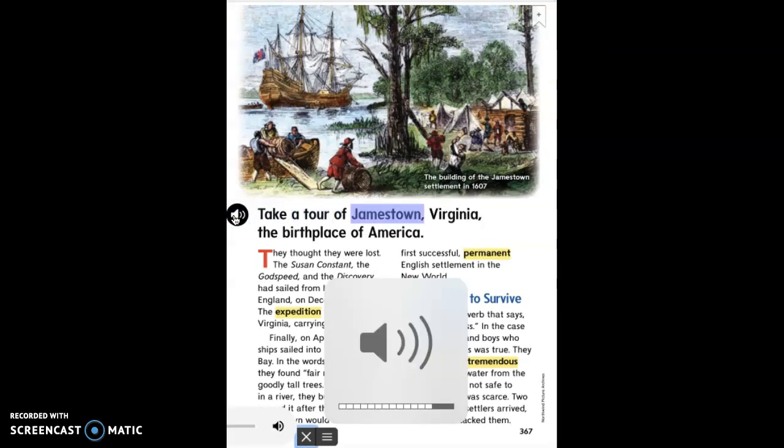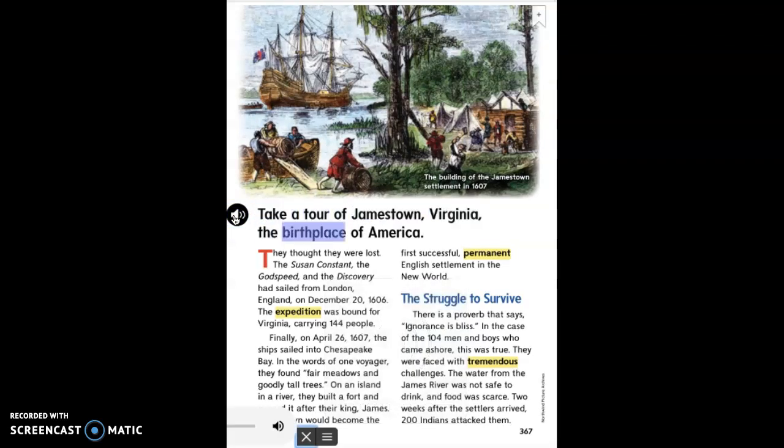Take a tour of Jamestown, Virginia, the birthplace of America. They thought they were lost. The Susan Constant, the Godspeed, and the Discovery had sailed from London, England on December 20th, 1606. The expedition was bound for Virginia, carrying 144 people.